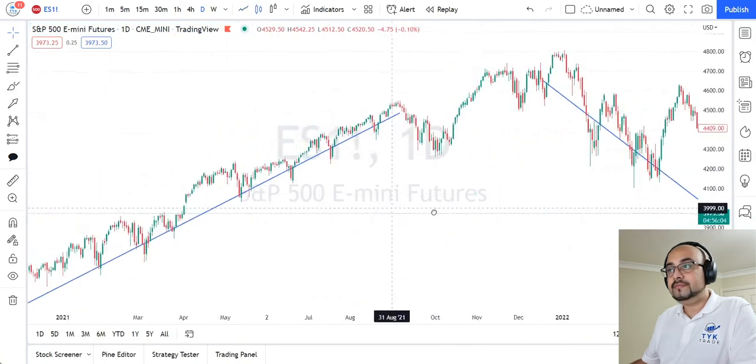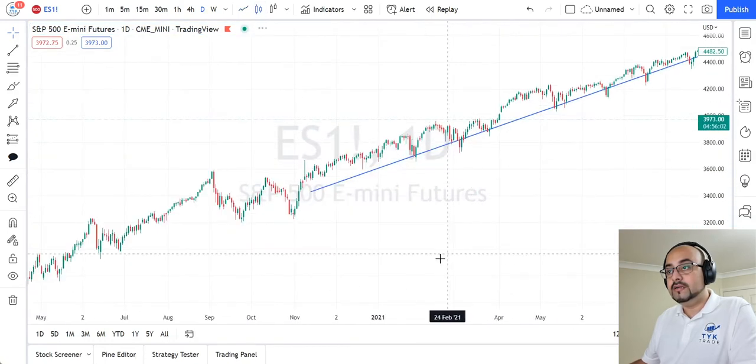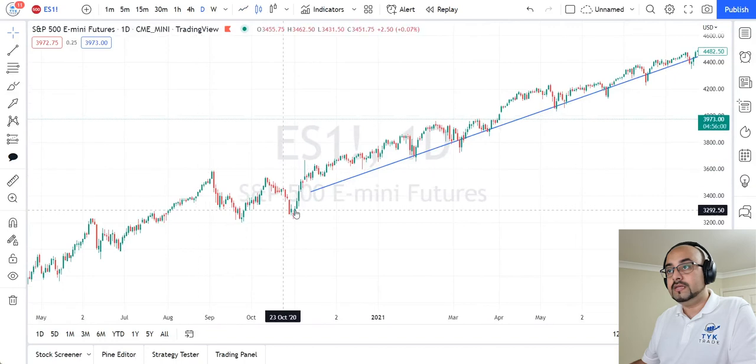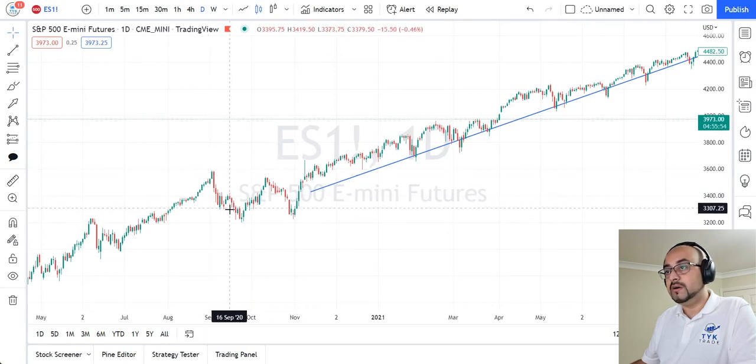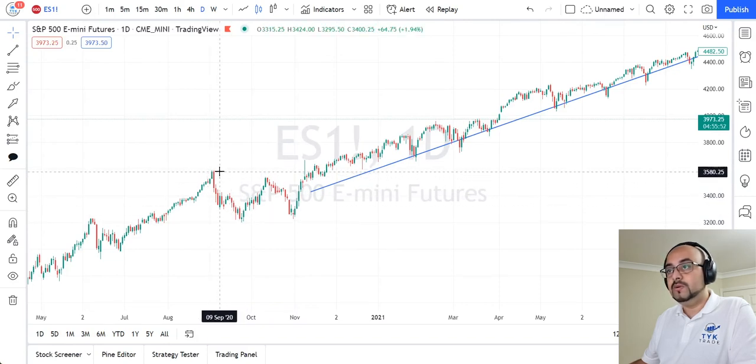Now let's look at a sideways trend. This is a classic example of a sideways trend where the market was range bound between two horizontal levels.